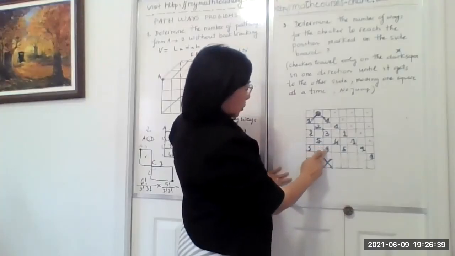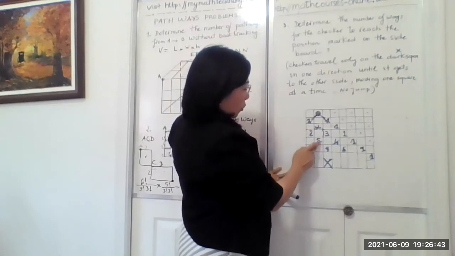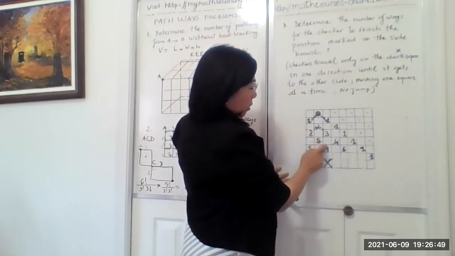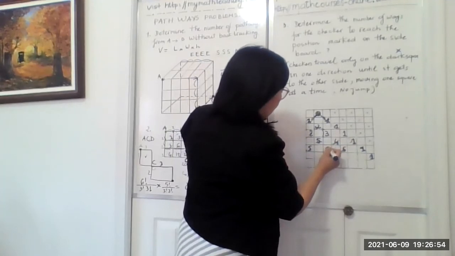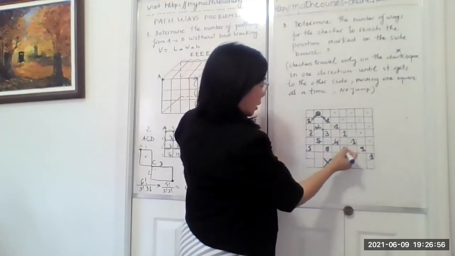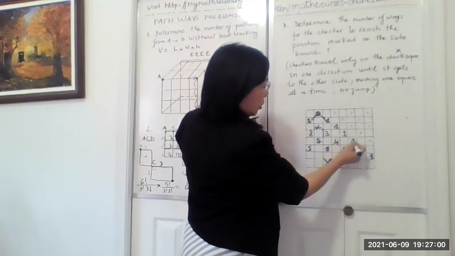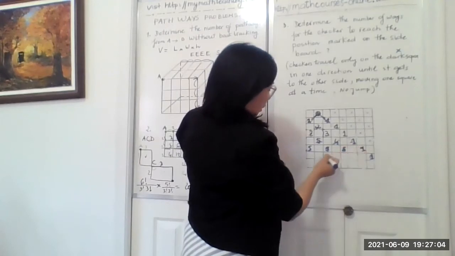From to the square, you can add the possibility here, it's 5 ways to get up to here, or you can go from here to here. So the total here is 9. And if you want to go from here to here and here to here, you have 5 possibilities.